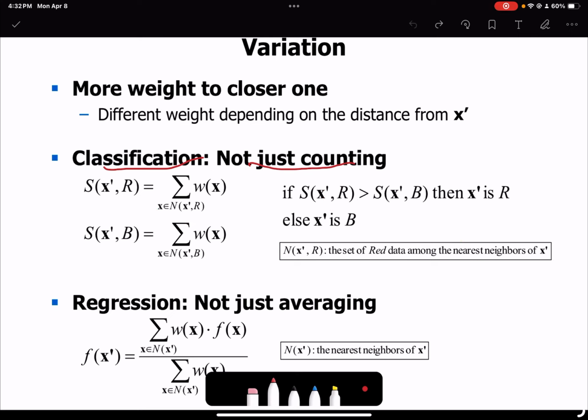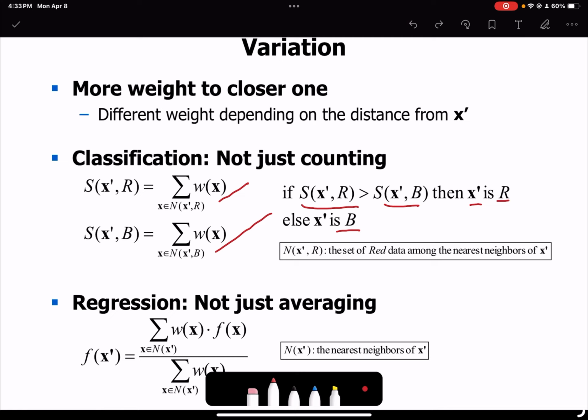So what we are doing is calculating the weights among the reds and the weights among the blues, and if the weights of the red are greater than the weights of the blues, then x bar will belong to r, otherwise b.